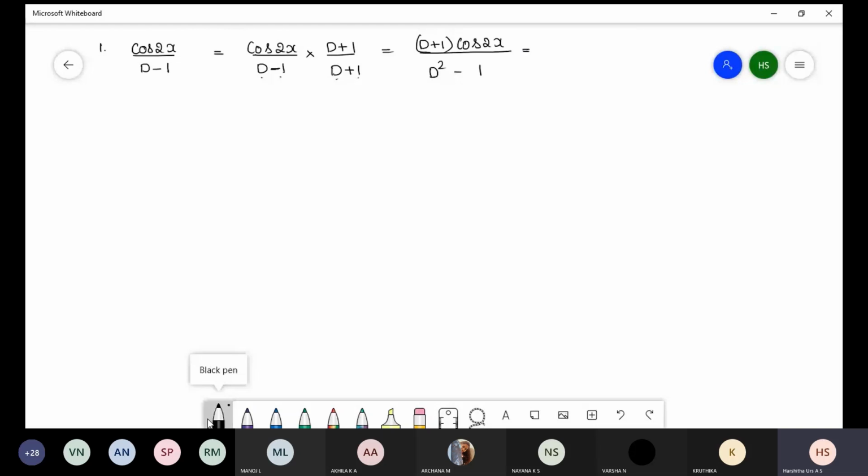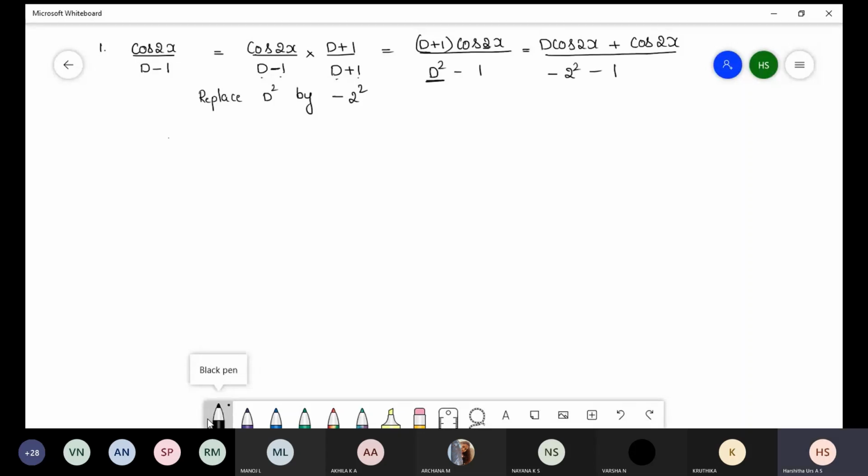Now multiply D into cos 2x plus 1 into cos 2x, giving D plus 1 into cos 2x divided by D square minus 1. As I told, replace D square by minus a square; here the a value is 2, so minus 2 square. So in the place of D square I write minus 2 square minus 1.